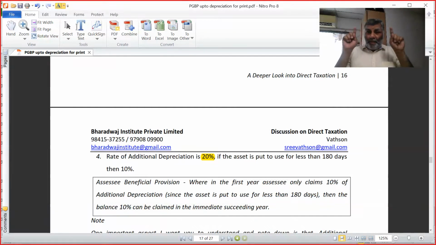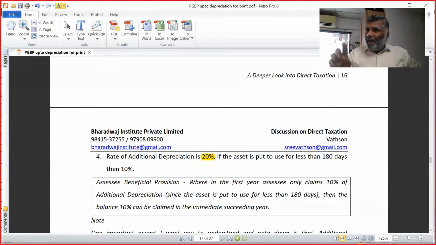So in that forgings case law, the court said where only 10% is claimed in the first year because the asset is used for less than 180 days, the balance 10% can be claimed in the immediately succeeding year.